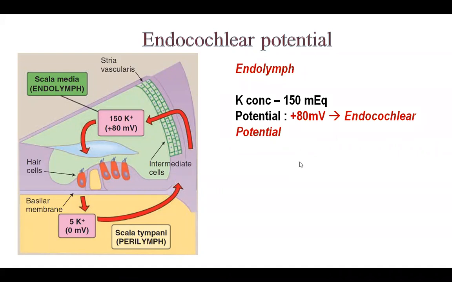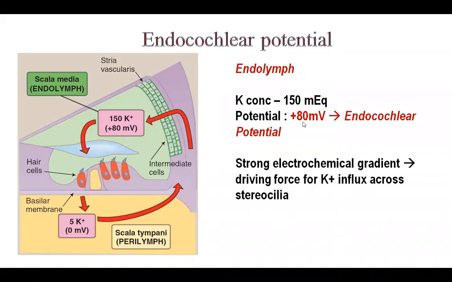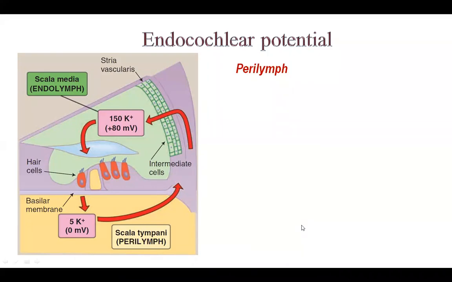This high potential difference creates a strong electrochemical gradient, which provides the driving force for potassium influx across the stereocilia. Coming to perilymph, it has only very little potassium compared to endolymph, only 5 milliequivalent.